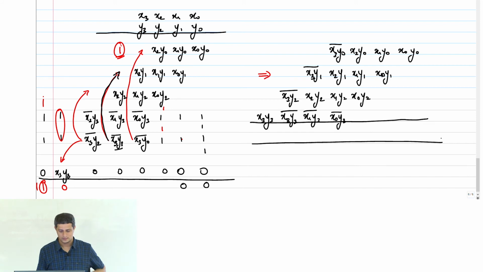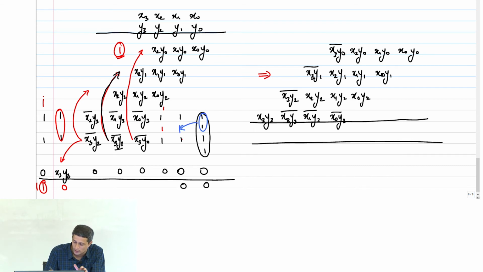Now in the process of adding these 4 1s, what did I get? If I add these 2 1s first of all, I'll get a carry of 1. Add these 2 1s, I'll get a carry of 1. So the answer is 0 here.